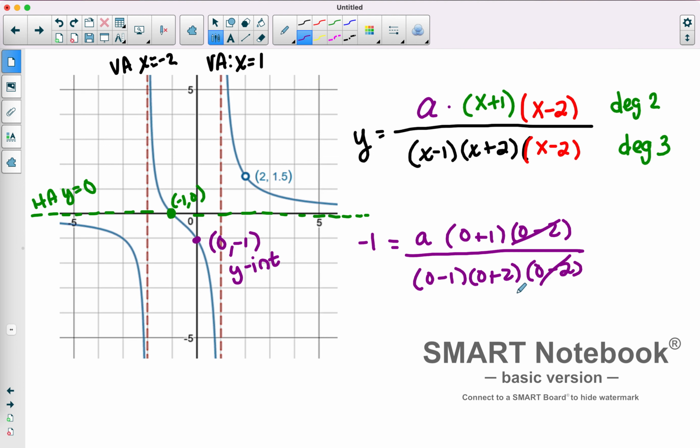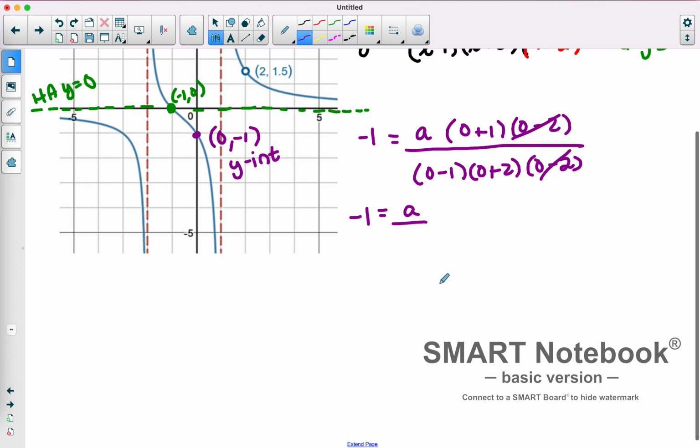I can go ahead and reduce that, but it's not going to hurt me to use the whole either. All right, so I get 1a on top. 1 times a is just 1a. And in the denominator, we have -1 times 2, so -2. Solving this equation, I'd multiply -2 over and get +2, so a is 2.